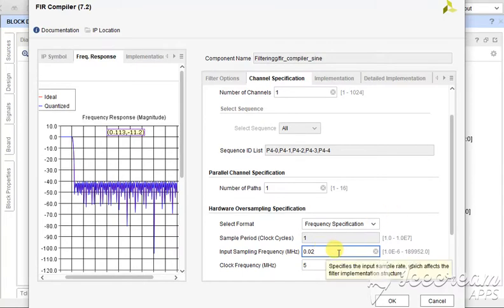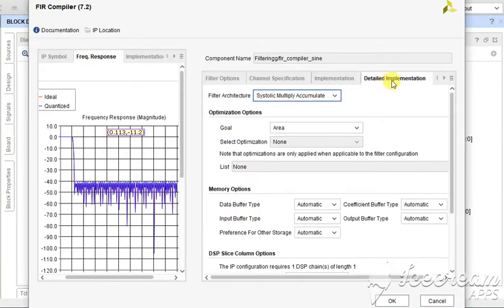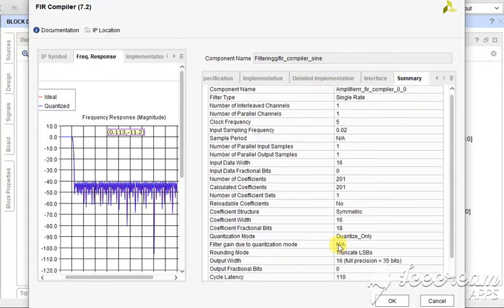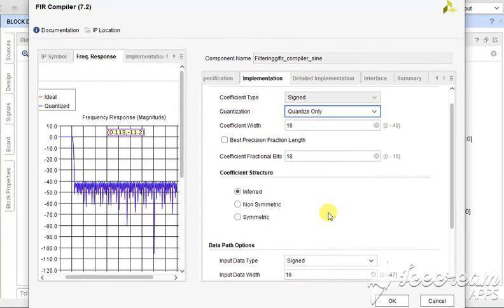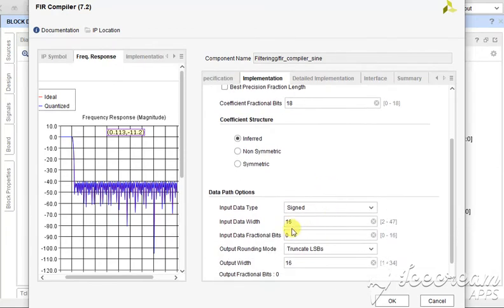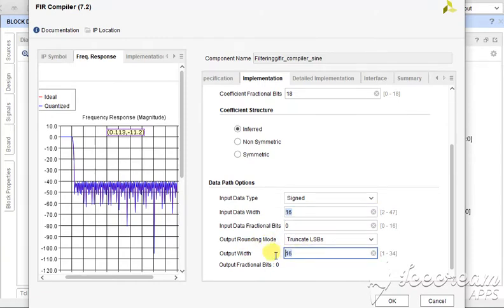So this filter is designed for a 2 kilohertz cutoff frequency and an input frequency of 5 megahertz. You don't have to change anything else and you will get the summary out here. This is our filter. One most important thing is that you have to define your input data width, that is sine, and you have to define your output data width, that I have defined as 16, otherwise it will give you 32 or 40 bits at the output.